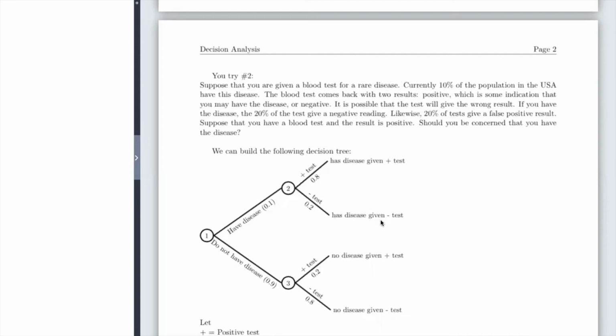So you have the disease, but you have a negative test, or you have a positive test, which is with probability 1 minus 0.2, which gives us a probability of 0.8 to have the disease, given that you had a positive test.